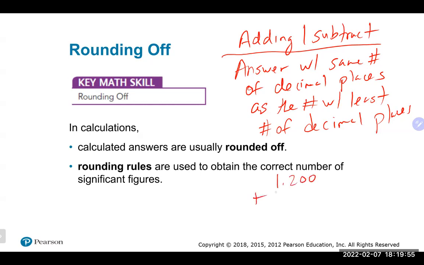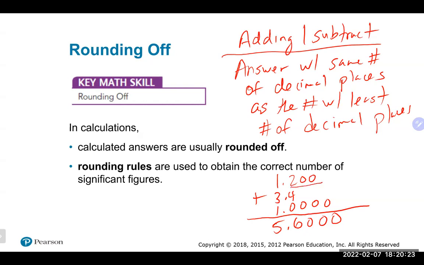So if we had 1.200 plus 3.4 plus 1.0000, if we added all this together, we would have 5.6345. Where should I round this number to? When we're adding, we look at decimal places.